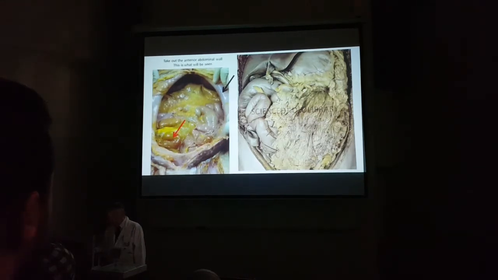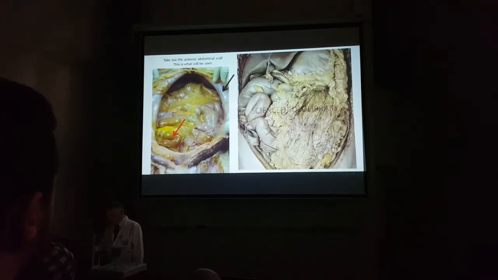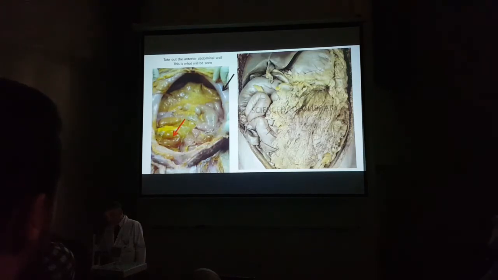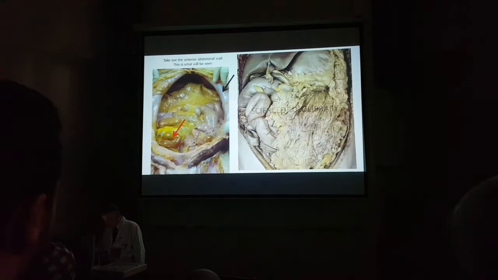If you open the abdominal wall in a cadaver, you also see the abdomen is full of organs. An organ to the right, an organ to the left, and you can see the greater omentum, and still organs are shining.